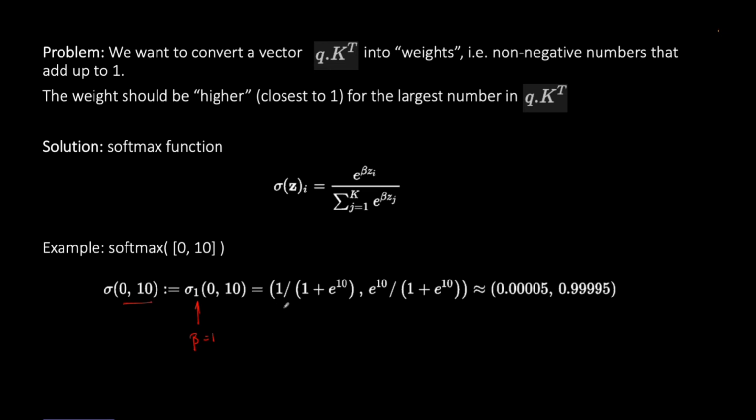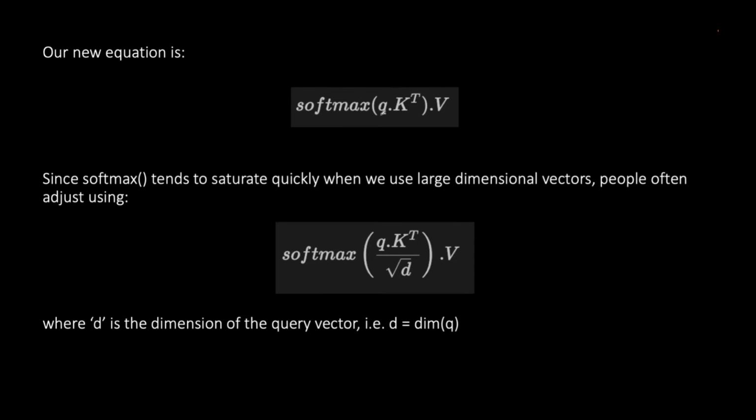If you do the numbers for the first and the second values of the vector, you see that the small number, which is 0, is close to 0, and the large number, which was 10, is close to 1, and the sum of these two numbers is 1. So this function does what we need. We put this function right after the multiplication, and then we have this new equation.